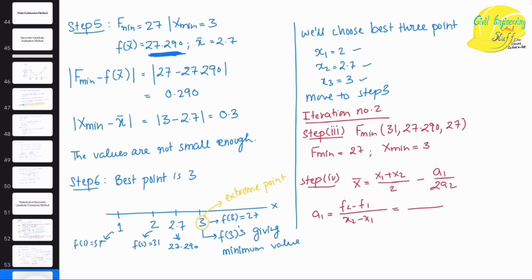So this will give 27.290 minus the value of f1. Here the f1 value was 31, the f2 value was 27.2, and f3 was 27, right? So our f1 is 31, x2 is 2.7, x1 is 2. Solve it to find the value of a1, that is equal to minus 5.3.